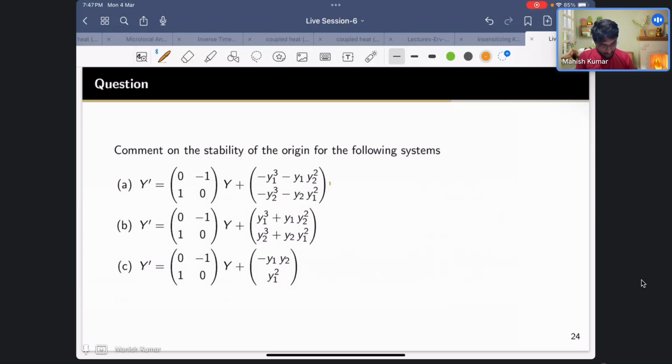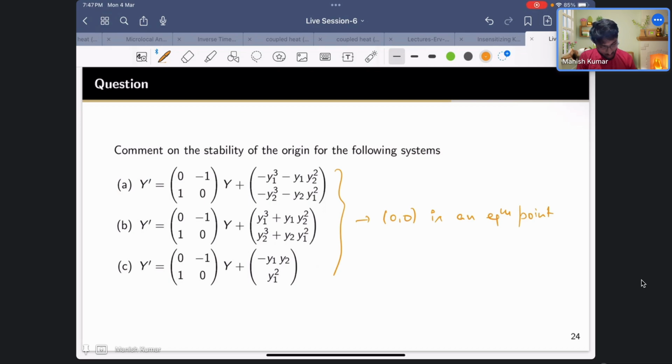You have been given these three systems, and you can clearly check that in each of these three systems, (0, 0) is an equilibrium point. Now we have to check the stability of this equilibrium point.